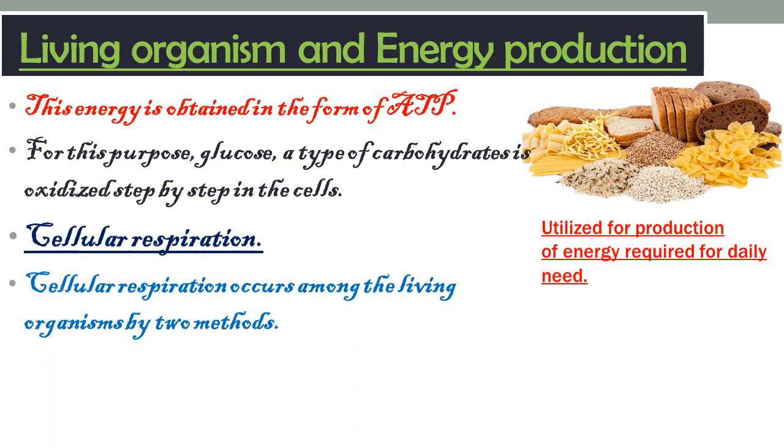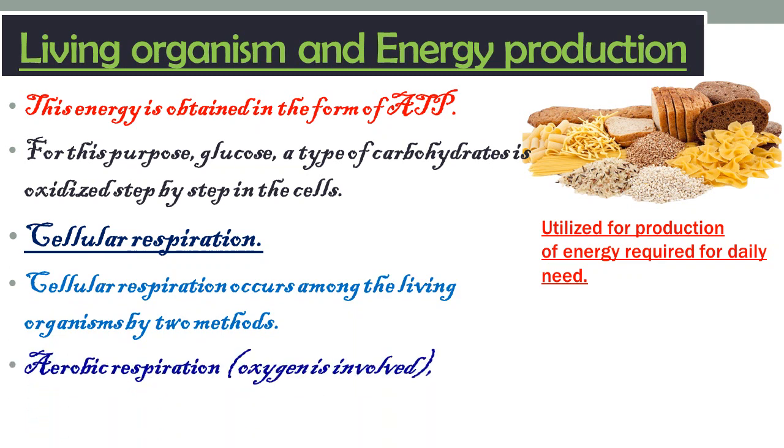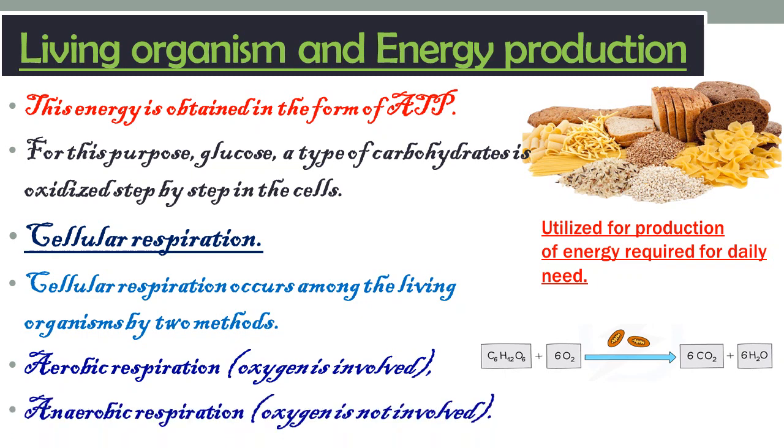Cellular respiration occurs among living organisms by two methods. The first method is aerobic respiration, in which glucose is oxidized in the presence of oxygen. The reaction is C6H12O6 plus O2 produces carbon dioxide, water and energy, that is ATP molecules. The second is anaerobic respiration, which happens in the absence of oxygen, where glucose is incompletely oxidized into alcohol plus carbon dioxide.